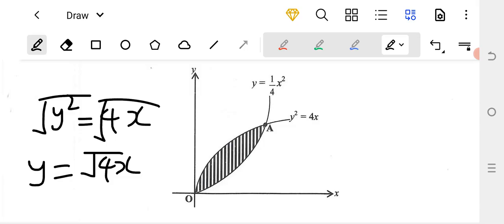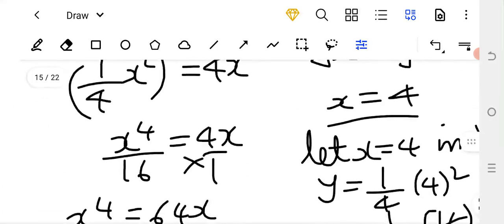So what I can say is, if you look properly, square root of 4x is your y, and that's your top function, and I'll name it my y1.